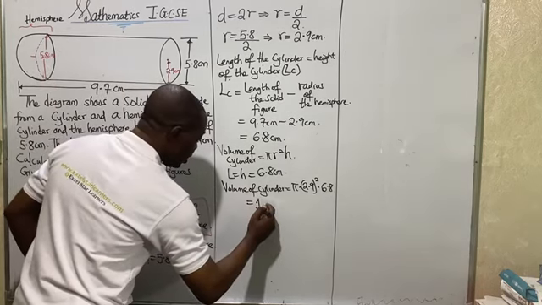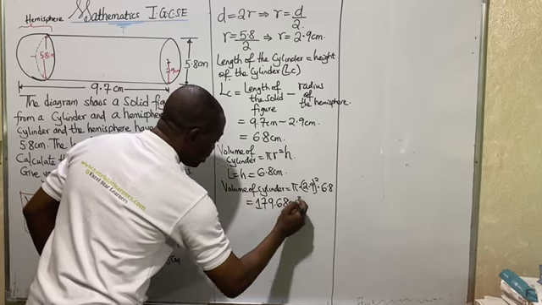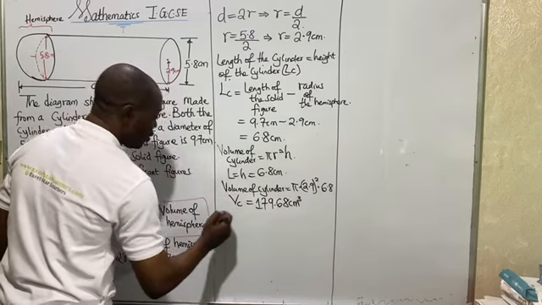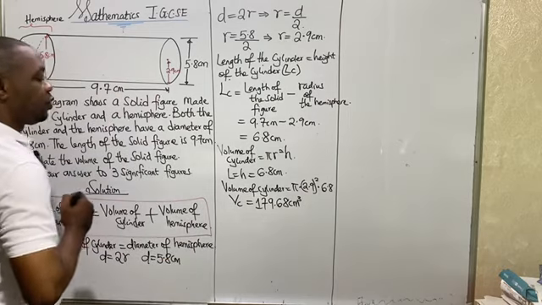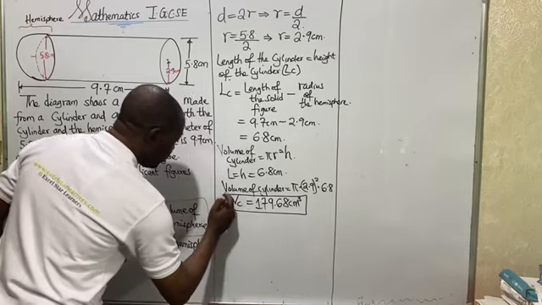So the volume of the cylinder is 179.68 cubic centimeters.